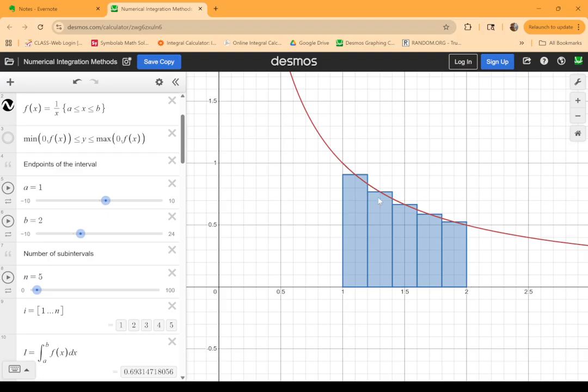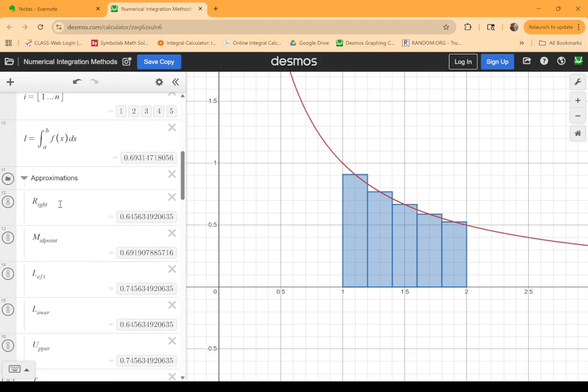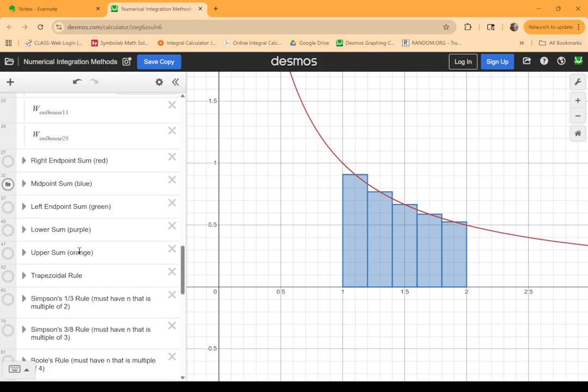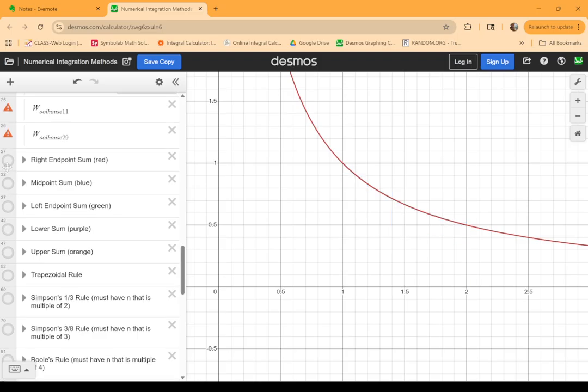Okay, and N is 5. You see that here as well. All right, starting at 1, ending at 2. And this one is indeed the midpoint, right? If I scroll down here, that's the one that's on. Notice that if you do right endpoint, you see how that changes. Left endpoint would be a different approximation, right? But for our exercise here, we use the midpoint.